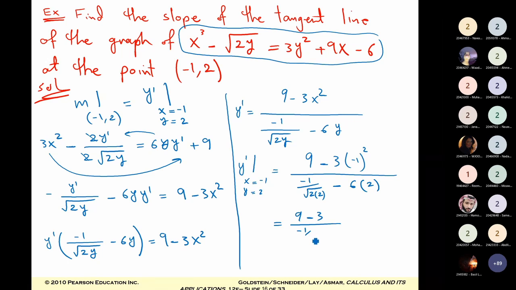Radical 4 equal 2, so -1 over 2 minus 12. This equal 6 over, 12 is 24 over 2, so -1 over 2 minus 24 over 2. This equal minus 25 over 2.